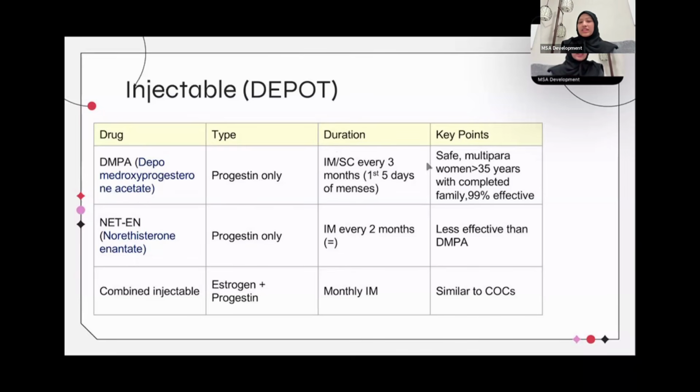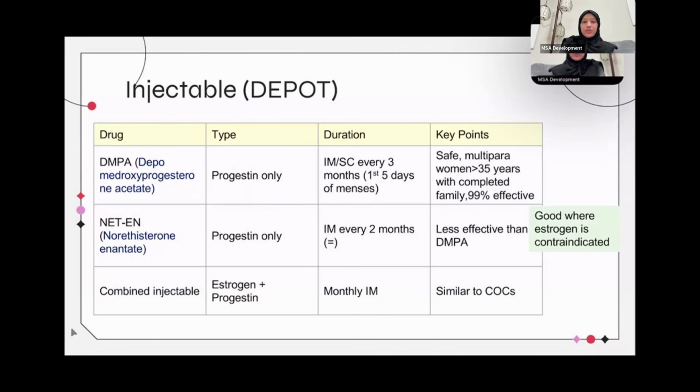First 5 days of menses, yeah. So it is safe. It is good for, again, progesterone only, safe for women above 35 years, for smokers, for breastfeeding, postpartum, every contraindication. 99% effective. Okay, so this is effective, injectable.